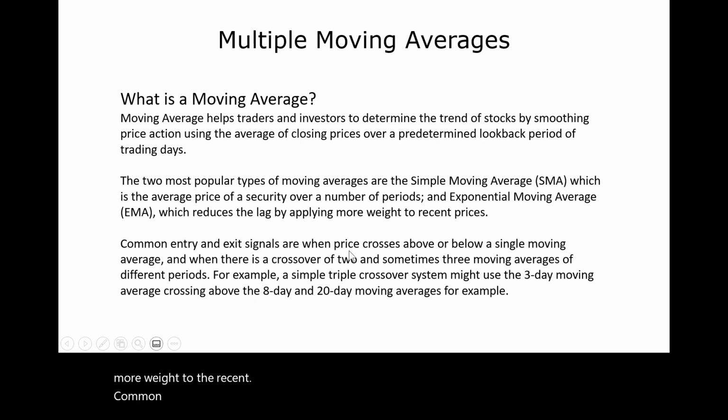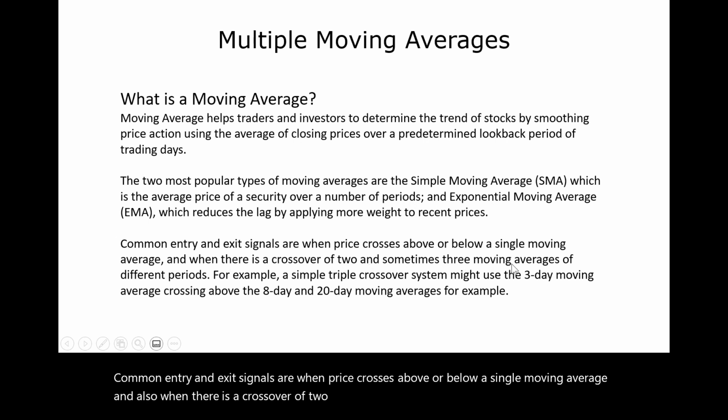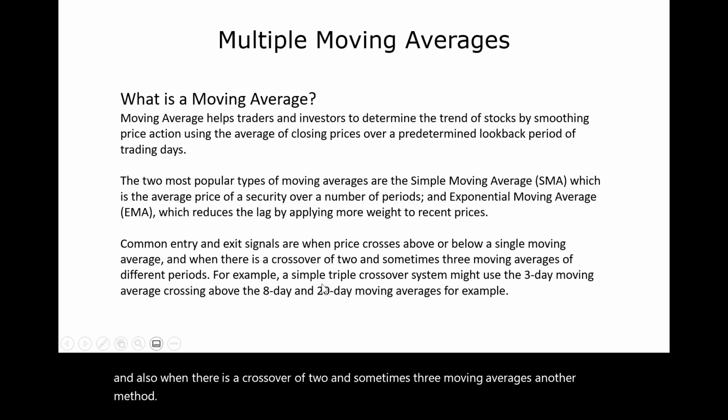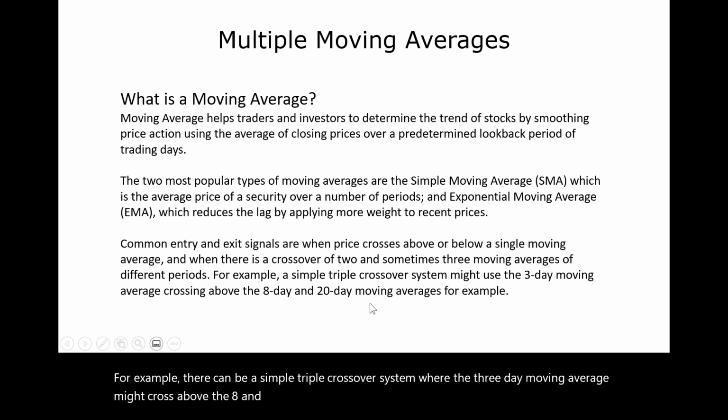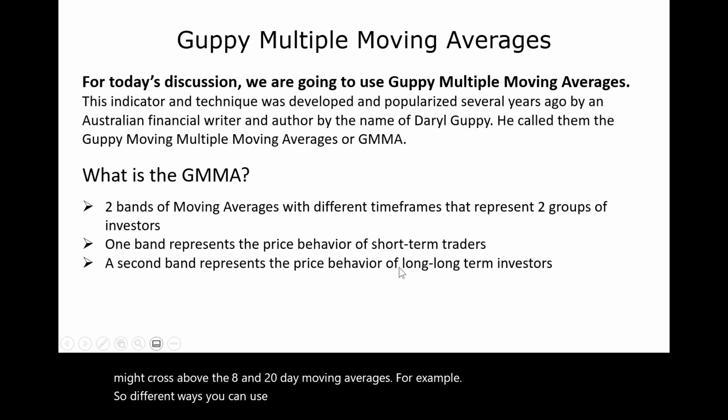Common entry and exit signals are when price crosses above or below a single moving average, and also when there is a crossover of two and sometimes three moving averages is another method. For example, there can be a simple triple crossover system where the 3-day moving average might cross above the 8 and 20-day moving averages, for example. So different ways you can use the moving averages.